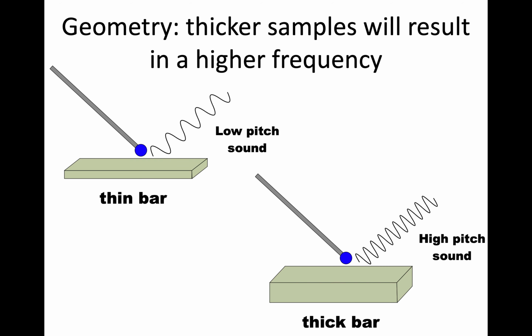So in terms of the sound that's emitted, the sound is controlled by the material itself, the elastic properties, but also the geometry. And so we find that if we have a thin bar and a thick bar, the thin bar exhibits a low pitch, the lower frequency, and then a thick bar has a higher frequency.